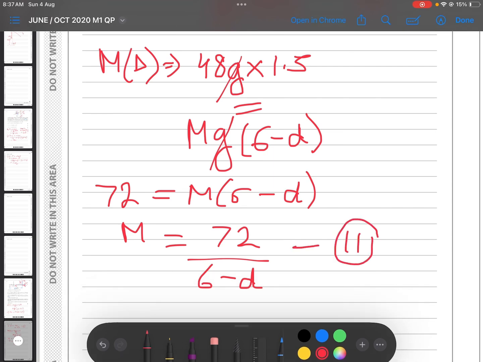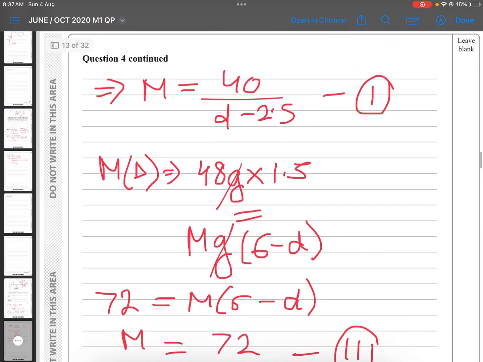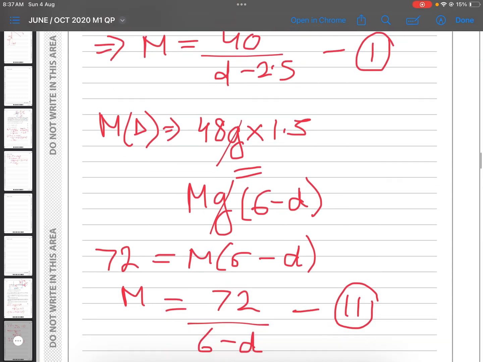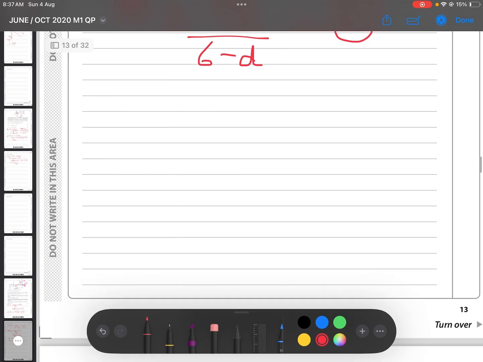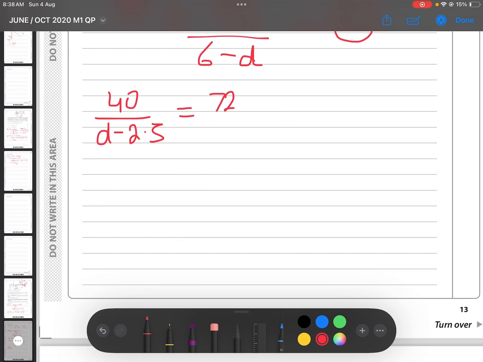Now, as both of them are m, we can equate equation 1 to equation 2 and simplify it to get the value of d. So 40 over d minus 2.5 is equal to 72 over 6 minus d.